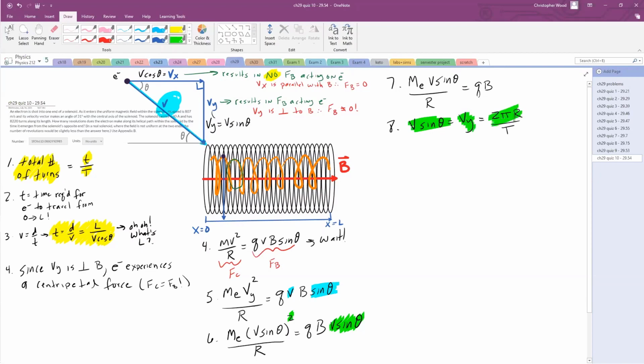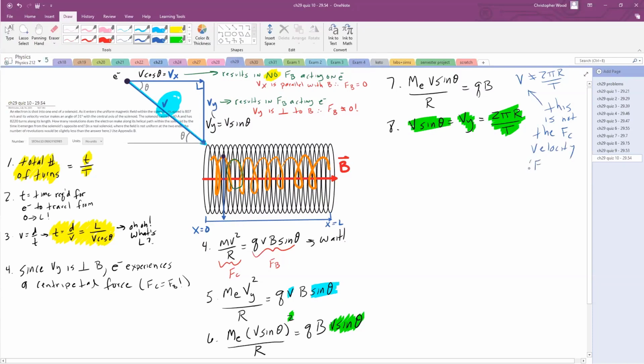And I want to stress the fact that that V does not equal 2 pi R over T. V does not equal that. This is not the centripetal force velocity. This is not the velocity you see in mv squared over r.